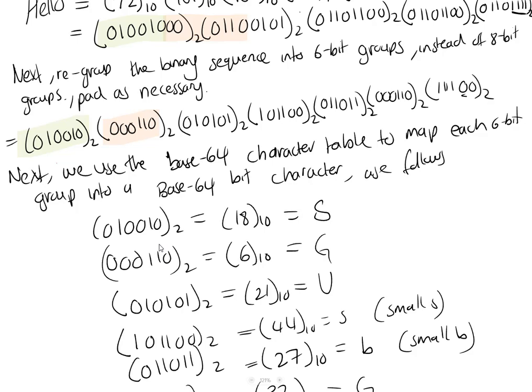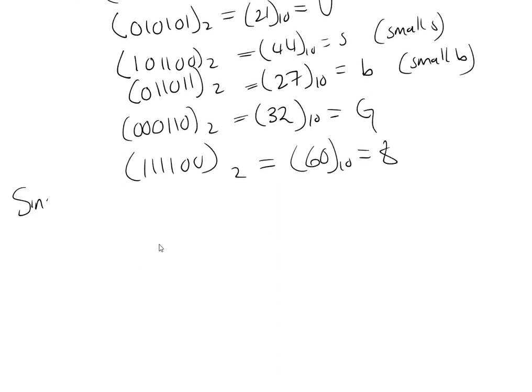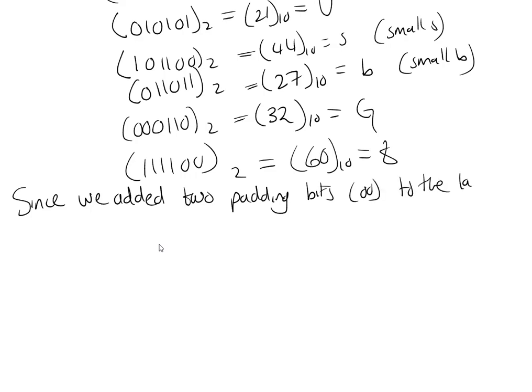Remember that I added in these 2 zeros here, okay? So then since we added 2 zeros to the last group, we, well, this should be a comma, we add 1 equals sign.